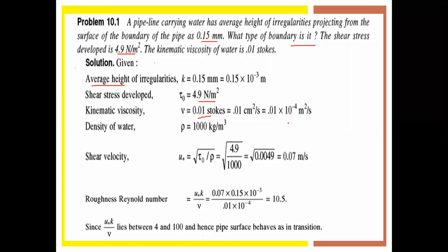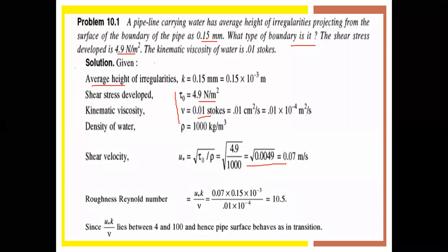Now, based upon these values, what is the formula you have to take? The shear velocity U star is equals to root of tau naught divided by rho. Therefore, root of 4.9 divided by 1000 is equals to 0.07 meters per second.